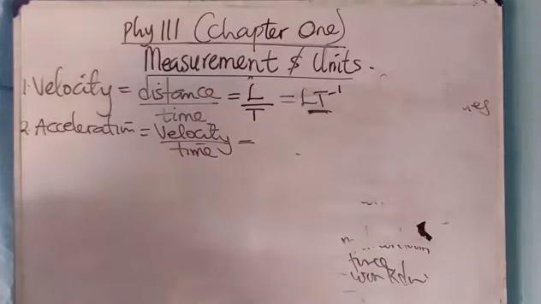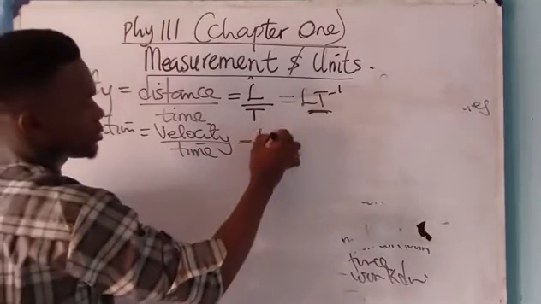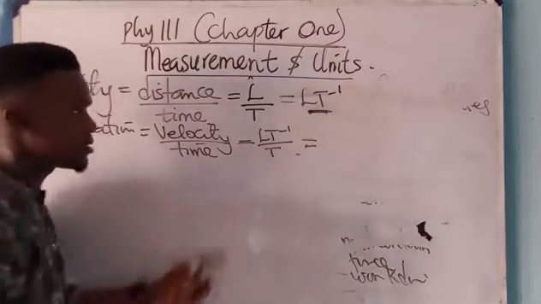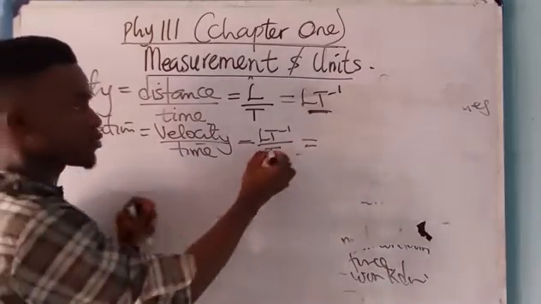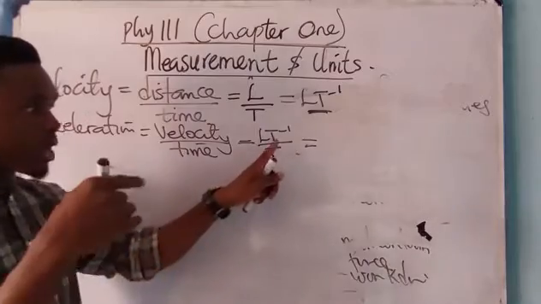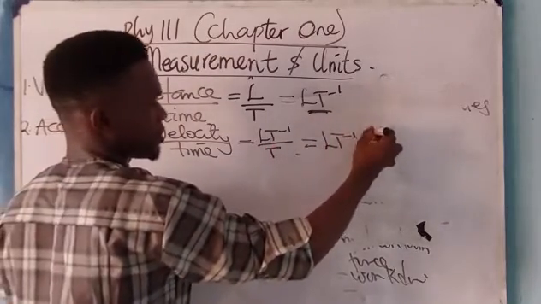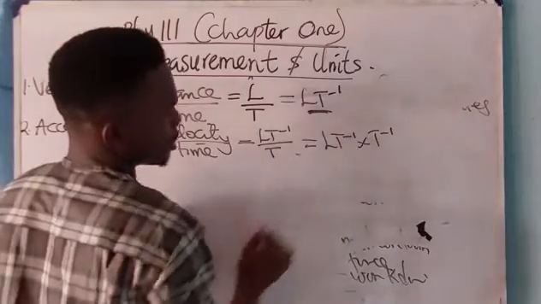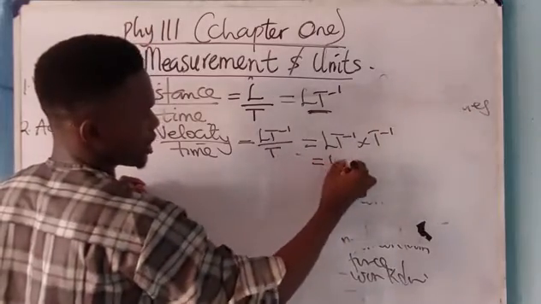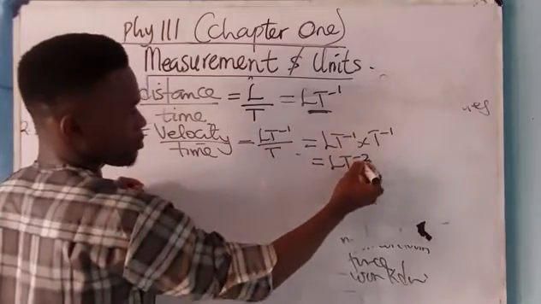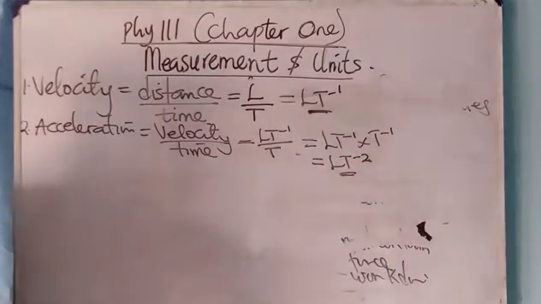Velocity is LT minus 1 over T. But as soon as this T goes up, it becomes T minus 1. So you have T minus 1 times T minus 1. And this becomes LT minus 2, because minus 1 minus 1 is minus 2. So that is for that.